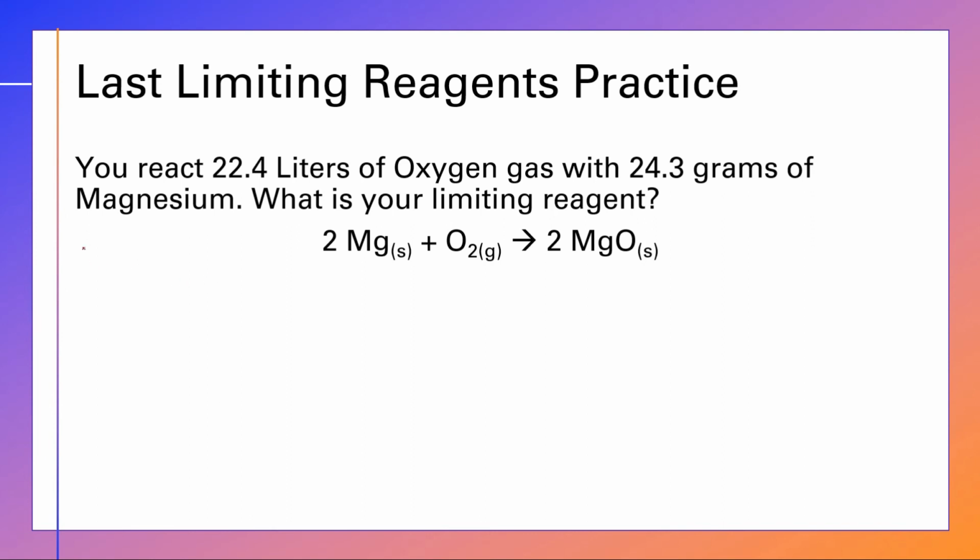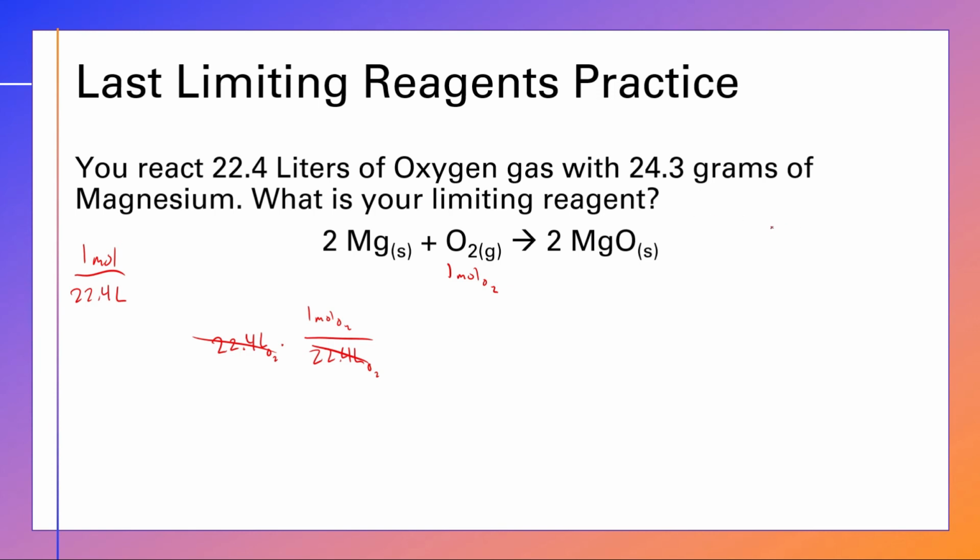So we know that the conversion for 1 mole of gas at standard temperature and pressure is 22.4 liters. We happen to have 22.4 liters of O2 times 1 mole of O2 per 22.4 liters. And that's going to cancel out. We're left with 1 mole of O2.